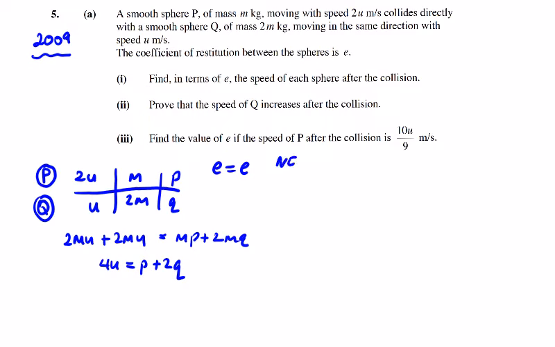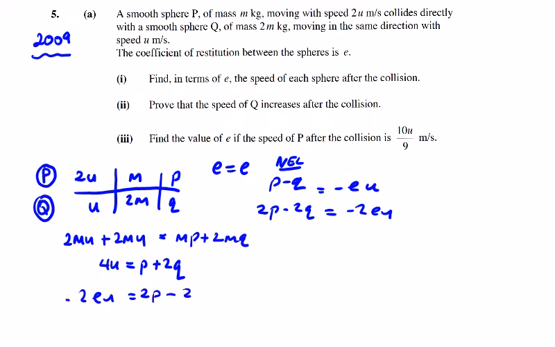Newton's experimental law: (p minus q) over (2u minus u, which is u) is equal to minus e, so just write minus eu there, take the u off the bottom. And then down here we want 2q, so 2p minus 2q is equal to minus 2eu.